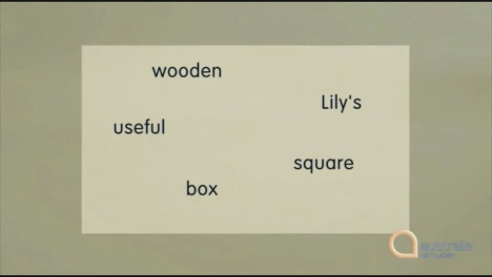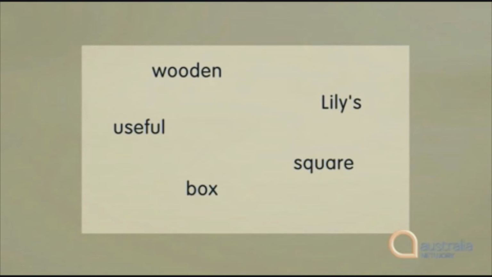There are, of course, a few exceptions to these rules, but it's important that you learn them and practice them whenever you can. Have a look at these words and see if you can turn them into a phrase. Wooden, square, useful, box, Lily's. Well, box is the noun, but what comes first?